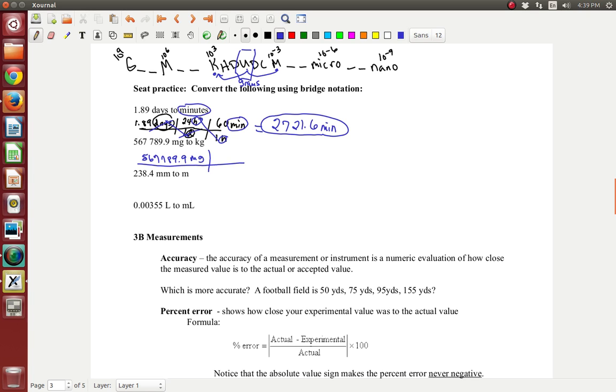All right, how many milligrams in a gram? Remember that 1,000 milligrams is equal to 1 gram. Or you could also say 1 gram is equal to 10 to the minus 3 milligrams. That's why there's a 10 to the minus 3 right here. These are both the same.